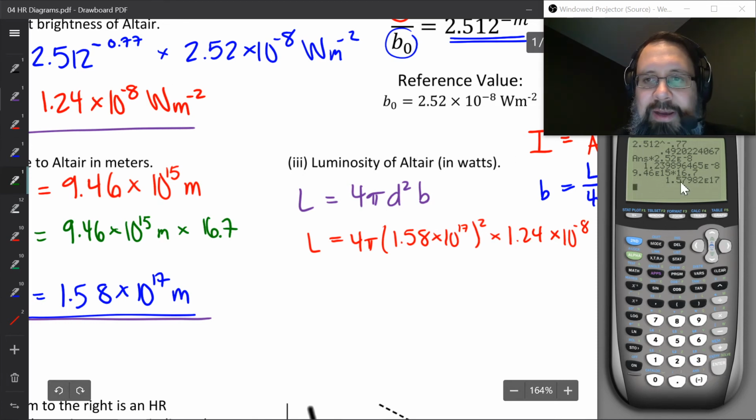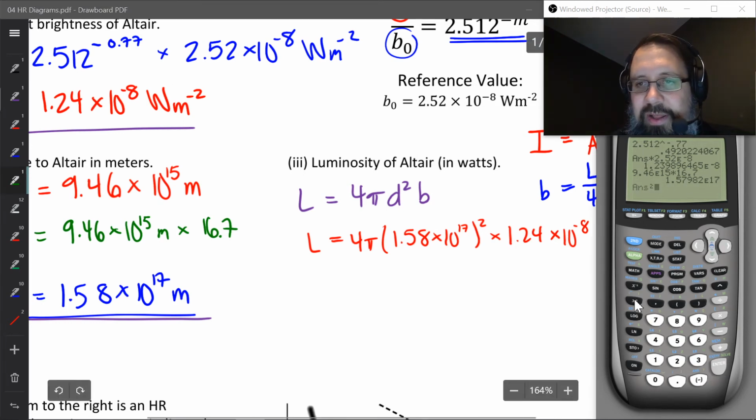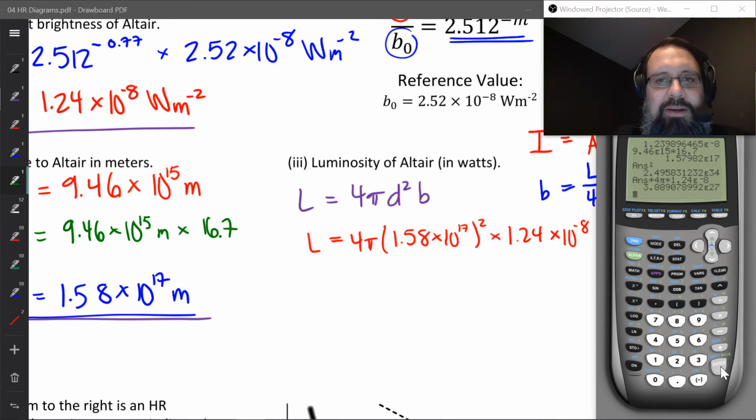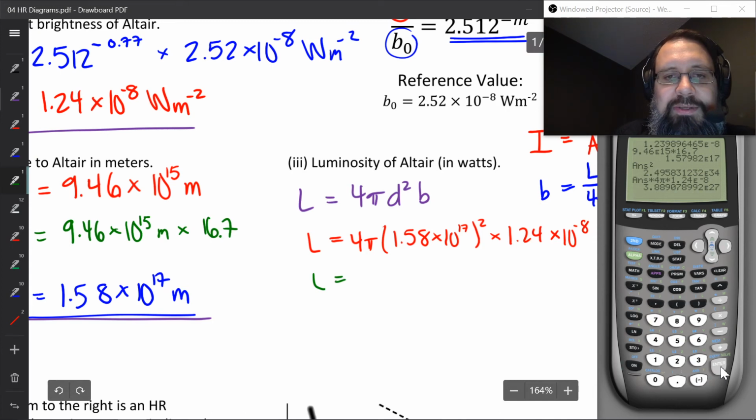I've already got my distance in here, so all I have to do is square that number, multiply it by 4 pi, and then multiply that by 1.24 times 10 to the negative 8. And so here's the luminosity of Altair. The luminosity is, can I draw a nice looking L? Here, I'll try one more time.